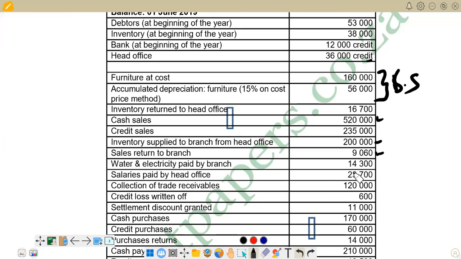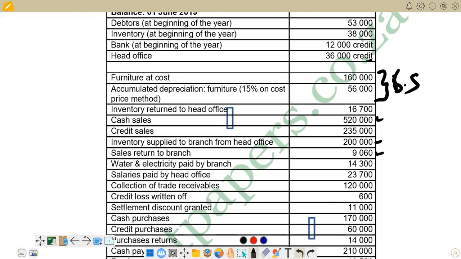Right, from that one, we are here, salaries paid by head office, 23,700. So these salaries, obviously, they are being paid to the branch. So we are crediting the head office. The head office is the one that is giving those salaries. We credit, then we debit the branch that is receiving that amount, 23,700.